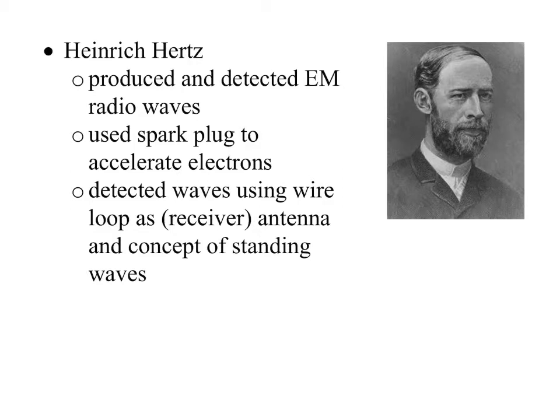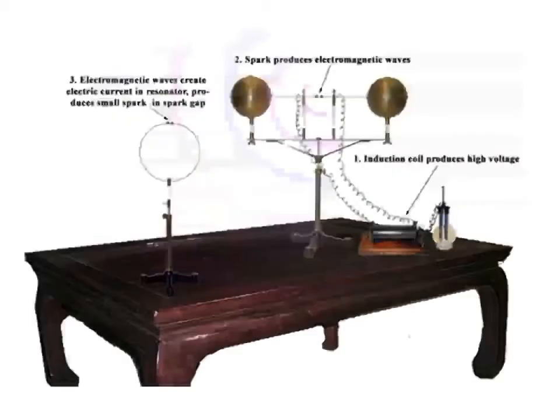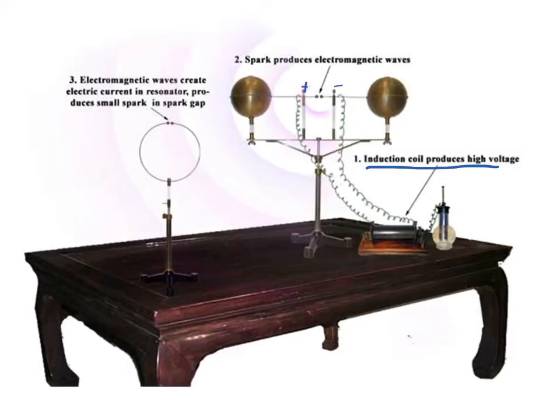So he used spark plugs to accelerate electrons, and then he detected radio waves. Okay, how the heck did he do that? He had this induction coil here, and it produced a really high voltage, okay? And so one side would have been positive and one side would have been negative. So what do the electrons on this side want to do?